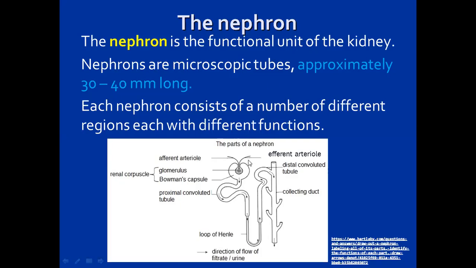Remember that each nephron is actually a filtering tube, and it consists of 2 parts, and those 2 parts are a Malpighian body or a renal corpuscle and the renal tubule.